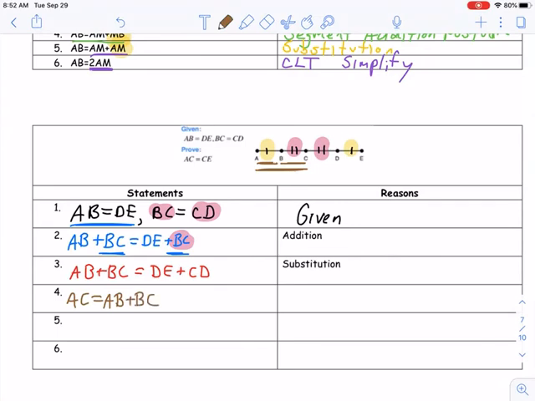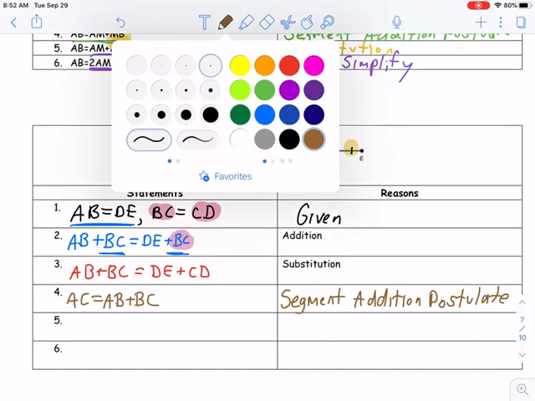And that's kind of interesting because I have it written in statement 3. I have an AB plus BC as well. And that's just segment addition postulate. And you know what? Let's focus on the right hand side as well.